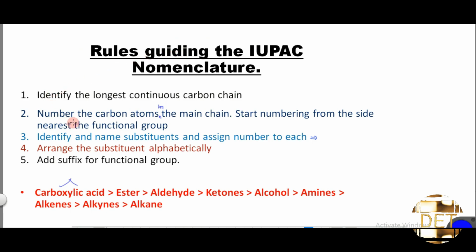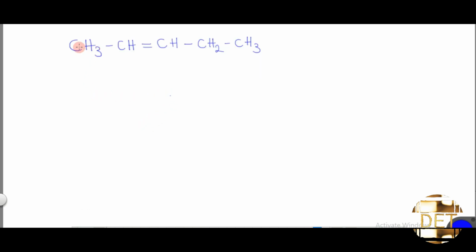Then the next thing is to number the carbon atoms in the main chain, starting from the side nearest the functional group.